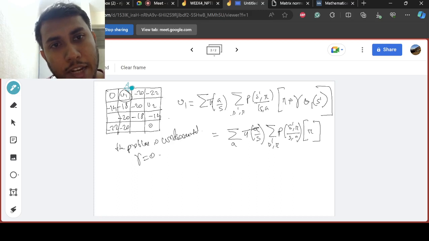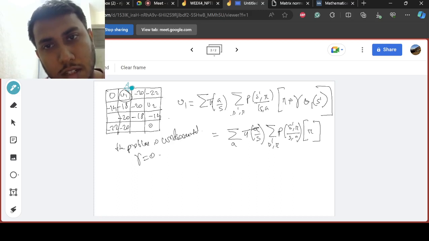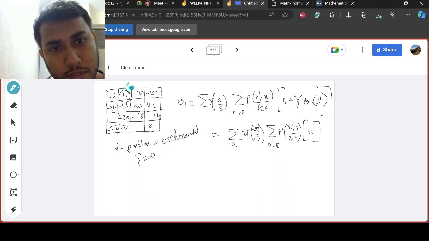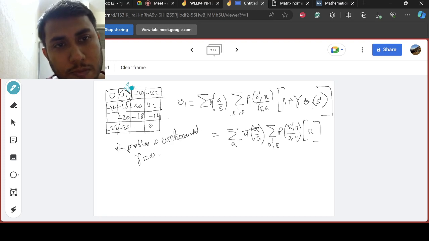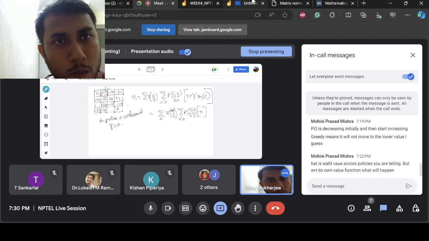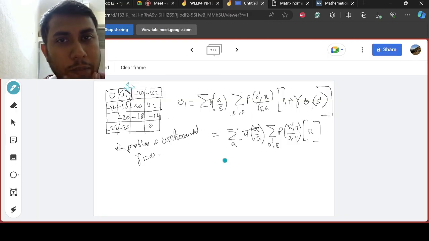For each of these actions there is only one next state, there are not multiple states, right?